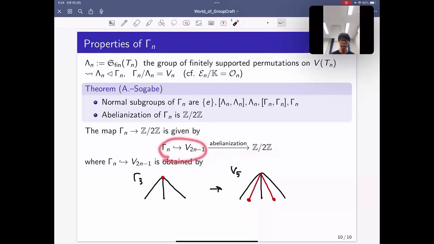Here, these inclusions are defined as follows. In gamma 3 or T3, there is a movement of the vertices of the tree. So this vertex may go to another place.